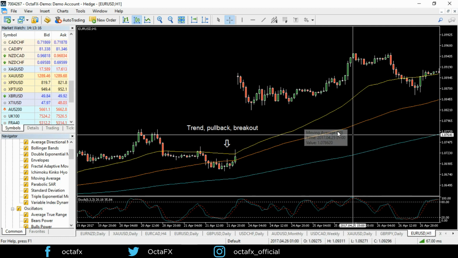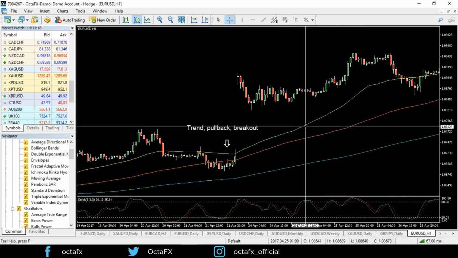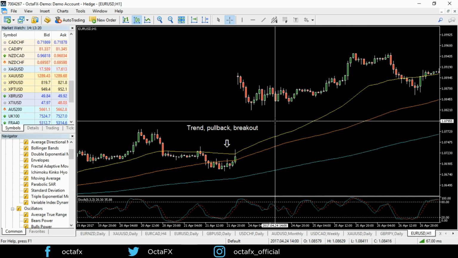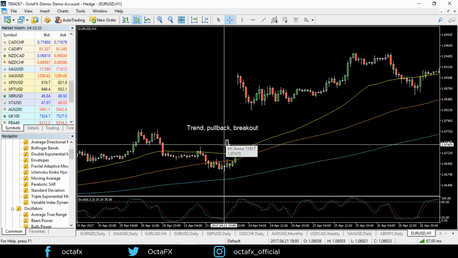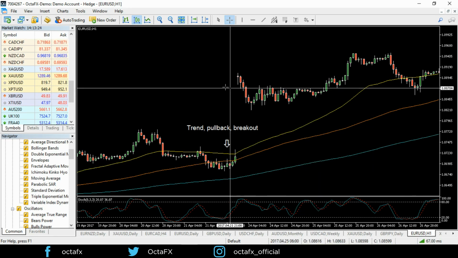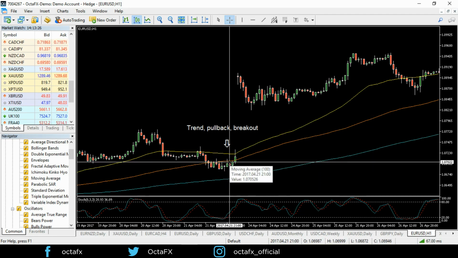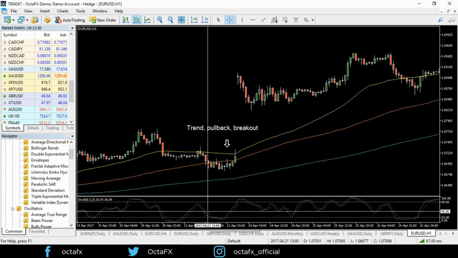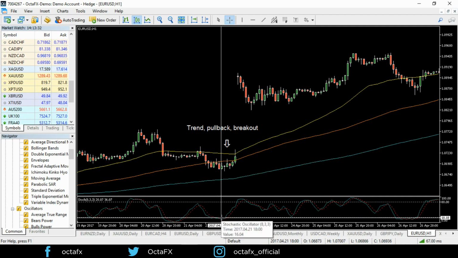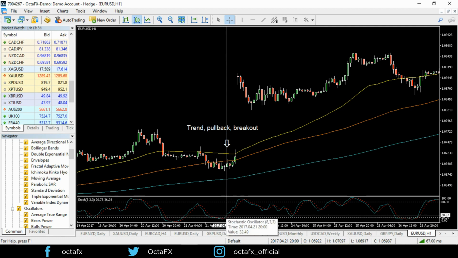In this case, it's indicating that you're in a good trend and the trend change is not imminent. So you're looking for the moving averages to be spaced apart, a pullback to the 100, and the trigger, the breakout part of it, is when stochastics breaks out above the 20 level here.